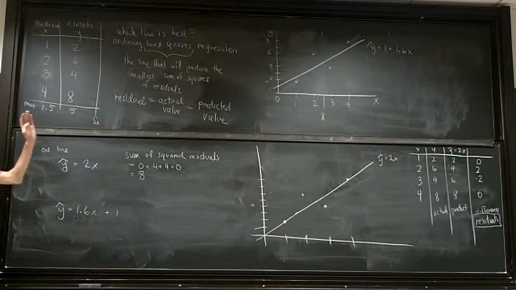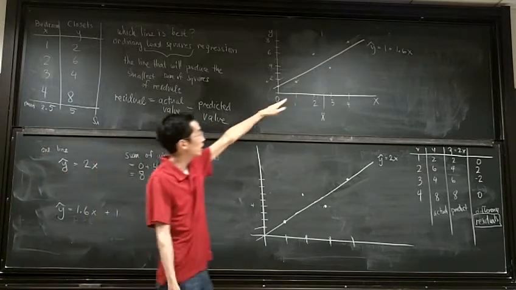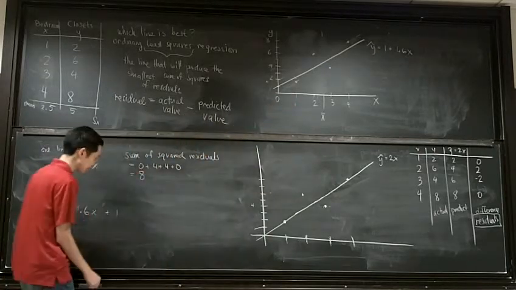Okay? If I picked a different line, I would have a different sum of squared residuals. Let's look at this one. Y hat is equal to 1 plus 1.6x.